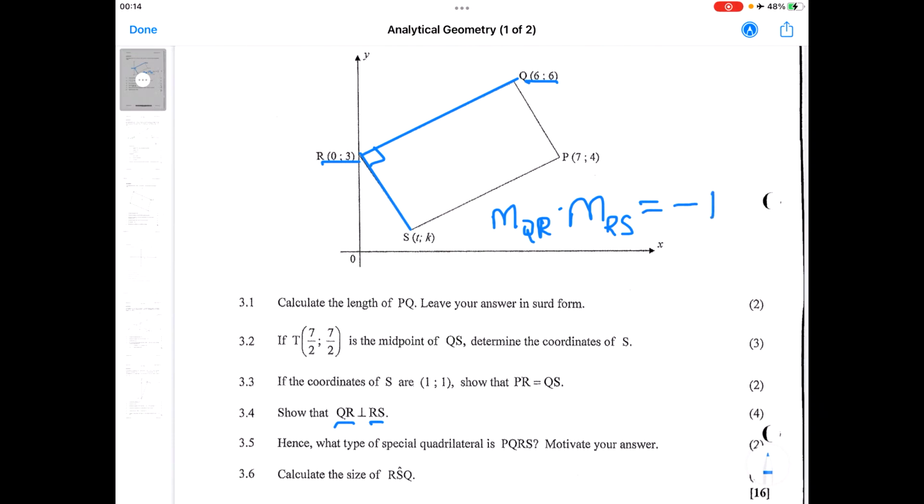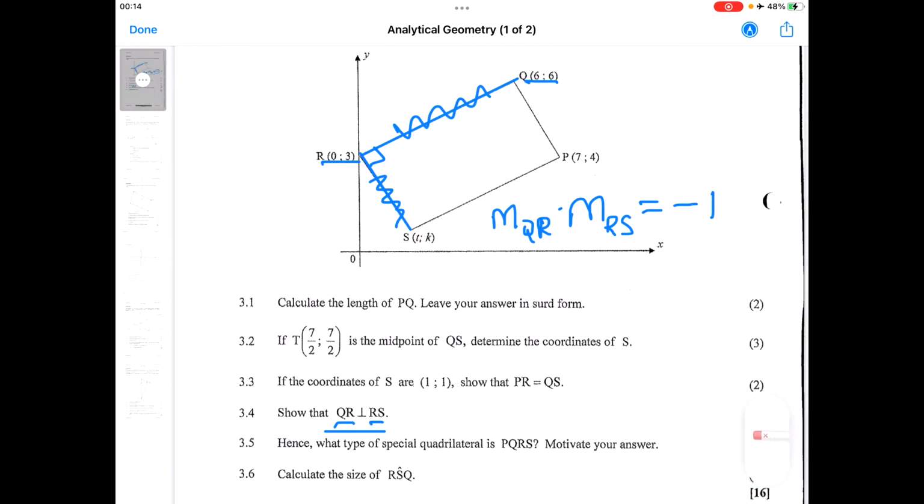So you need to calculate the gradient of that line and the gradient of that line, multiply them together, and if they give you -1, that's how you have shown that QR is perpendicular to RS. Very, very important, ladies and gentlemen, on that one.